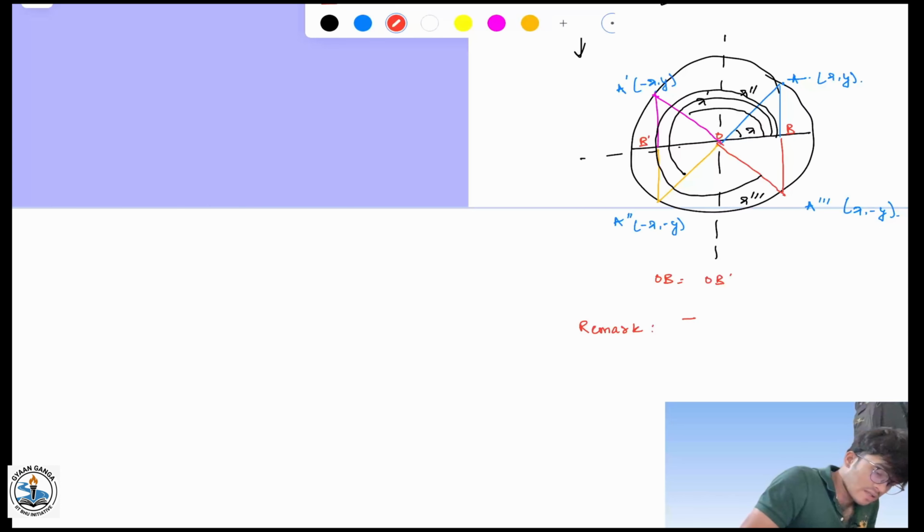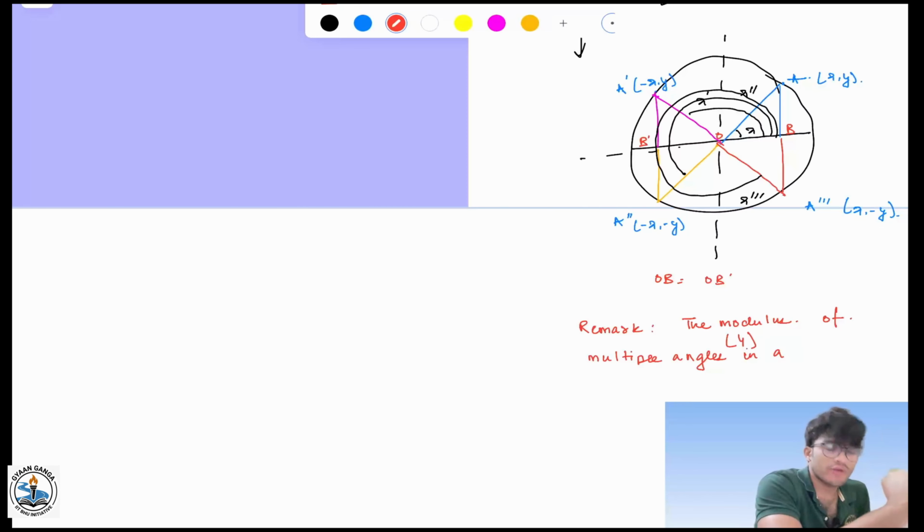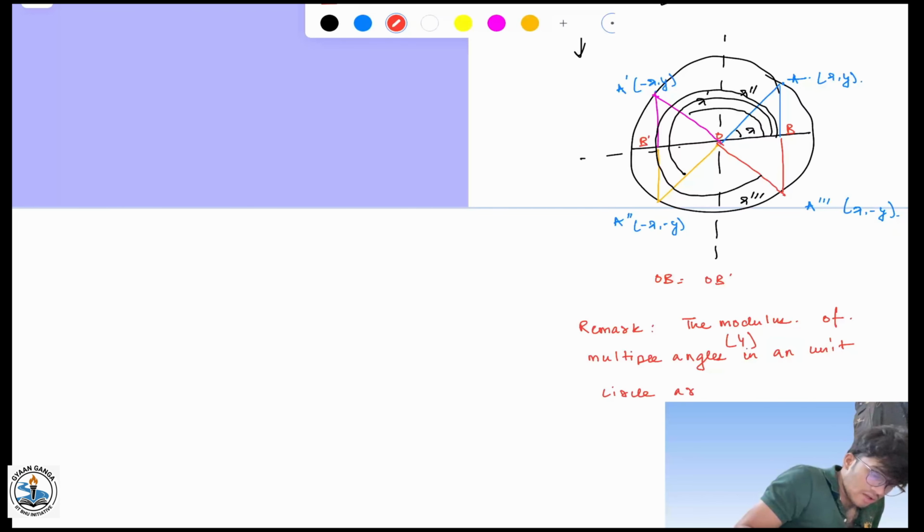The modulus of multiple angles, specifically 4, it's limited to 4 actually, of 4 angles in a unit circle are equal.